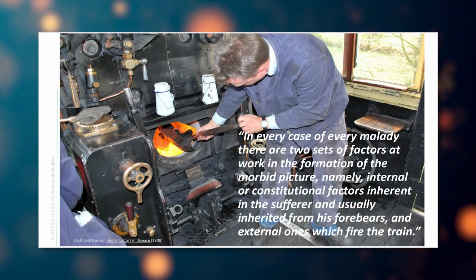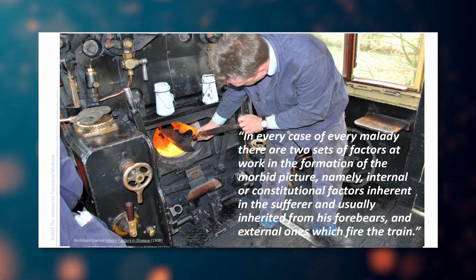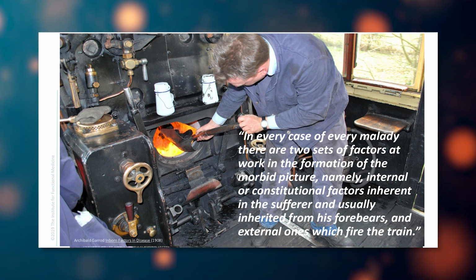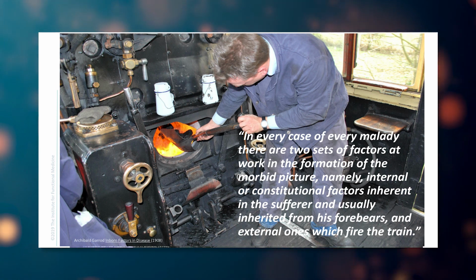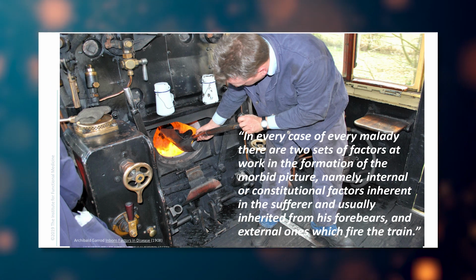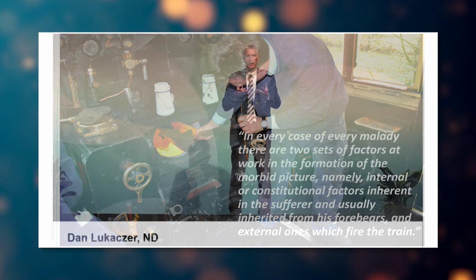And he said, in every case of every malady, there are two sets of factors at work in the formation of the morbid picture, namely internal or constitutional factors inherent in the sufferer, our genes, usually inherited from our forebears, and external ones which fire the train. And I think that's what we're really always learning, old things in new ways, and from 1908, he says it far better than I can say it. There are two sets of factors that we need to look at.